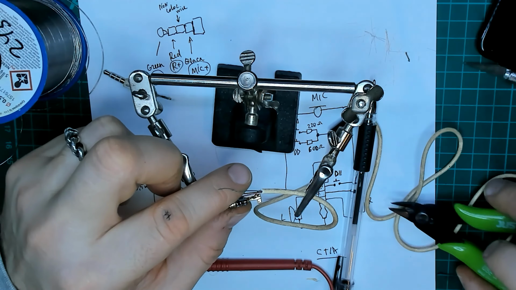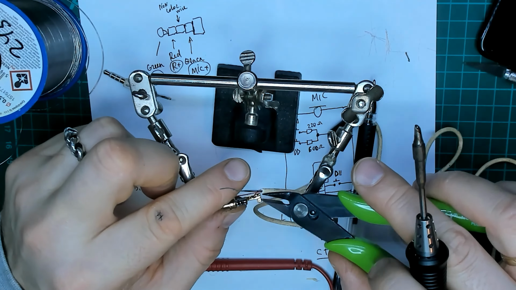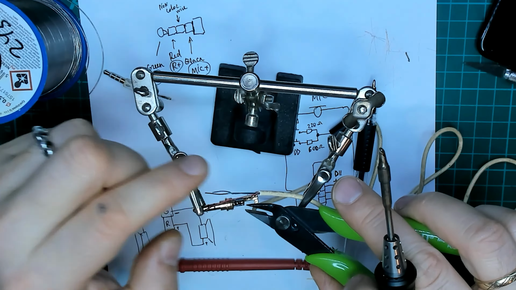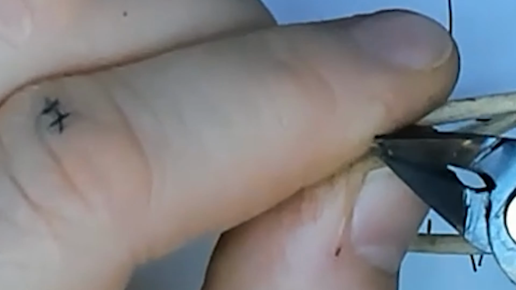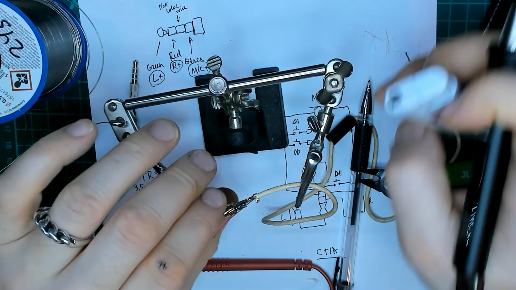Next, the green should be the shortest because it goes on a tip over here. See? Green. And green is here, goes here, right? So I will cut it over here. Peel off the isolation. Use my lighter again.